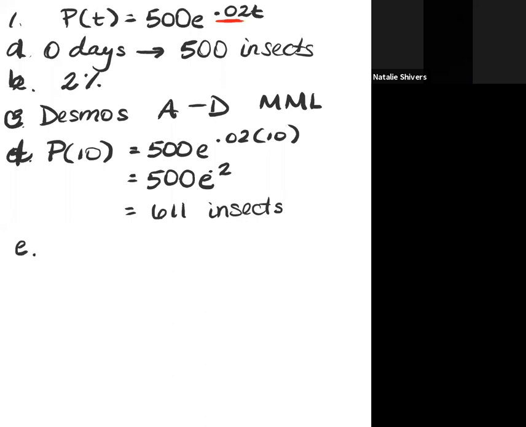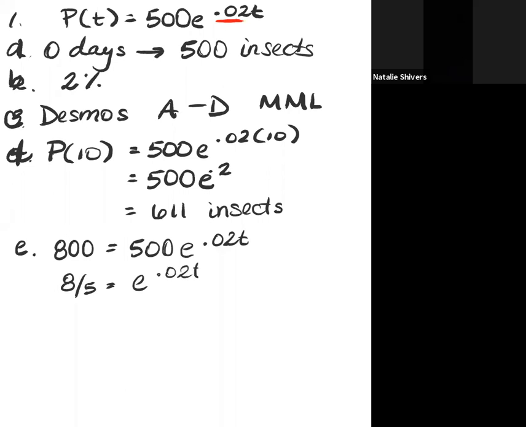E asks, when will the population reach 800? Okay, so we're going to make it 800 equals 500 e to the 0.02 t. We're going to divide by 500 and we get 8/5 equals e to the 0.02 t.